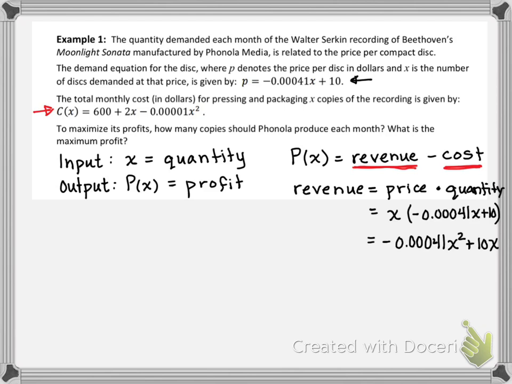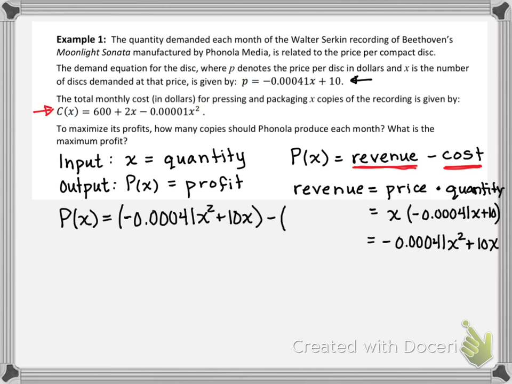Well, they gave me an expression for cost. So far, so good? So we've got P of X equals revenue, which is negative 0.00041x squared plus 10x, minus cost.